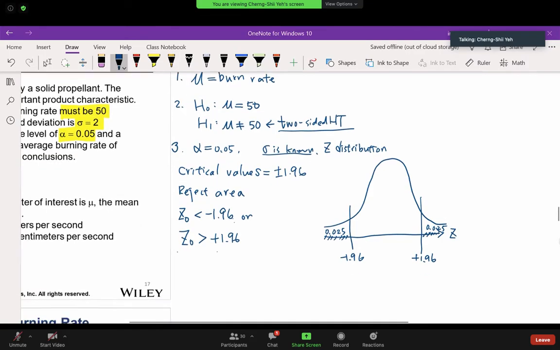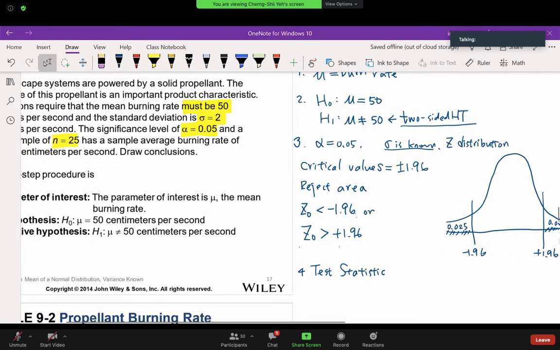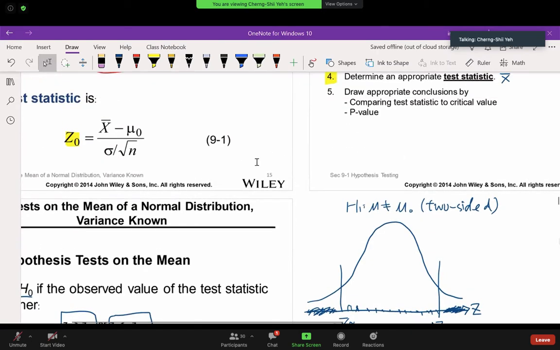Step 4, let's calculate the test statistic. How do we derive the test statistic? I'm going to rewrite this one more time. This is from our sampling distribution.